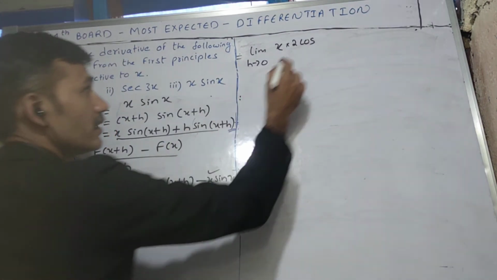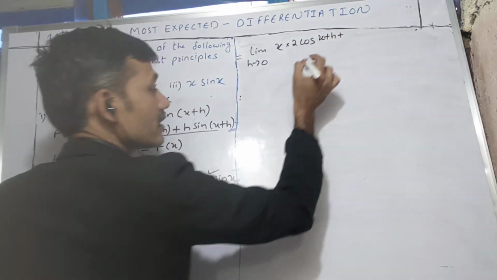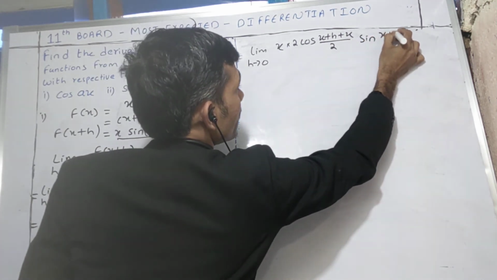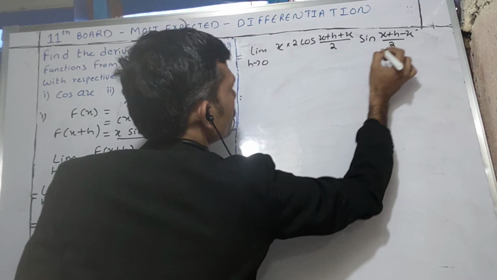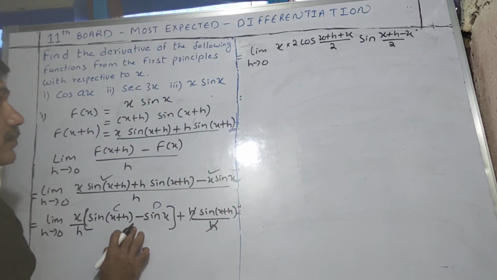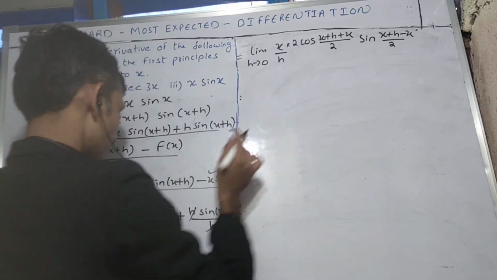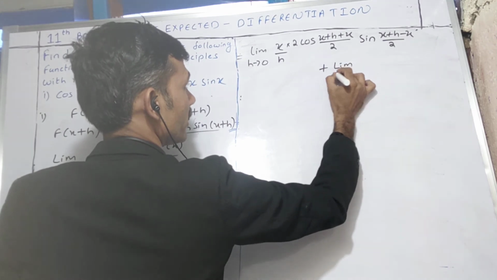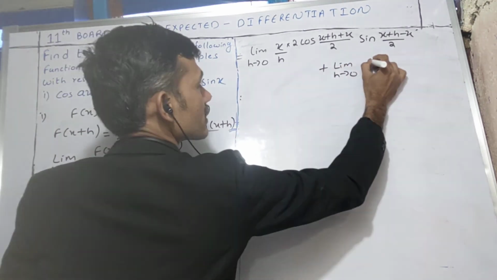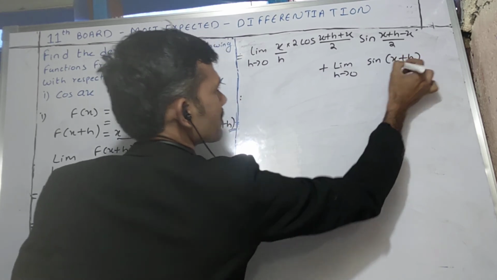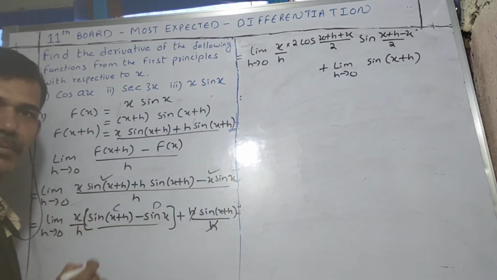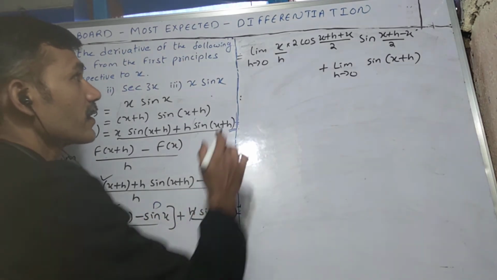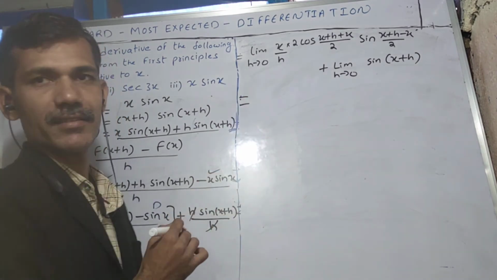C means what I have to write? X plus h. Cos c plus d, no? We have to add, sin c minus d by 2. Here we have applied the formula. Next, for the second function also we said we can apply the limit separately. Here what are we having? Sin x plus h. Here we have applied the trigonometric formulas. As there are two functions, we have applied the limit for this and the limit for this. Next we'll do some manipulation and we'll get our answer.